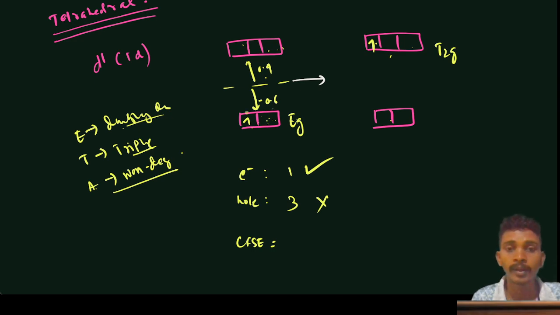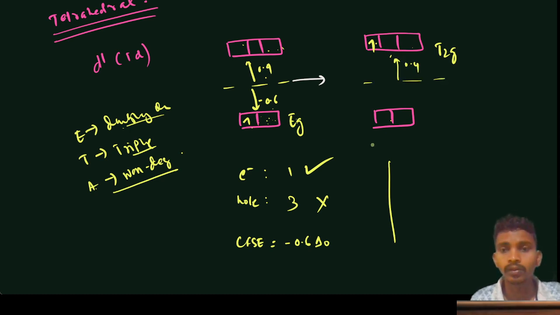How many electrons are there? One, so this CFSE is going to be minus 0.6 delta naught. Similarly here, how many are there above? Here it is 0.4, and I get one electron, so CFSE is going to be 0.4 delta naught.